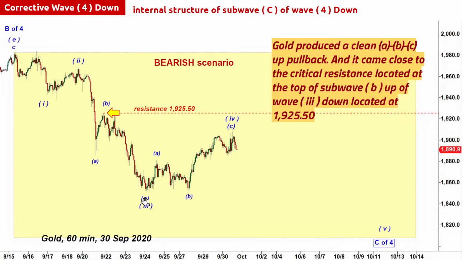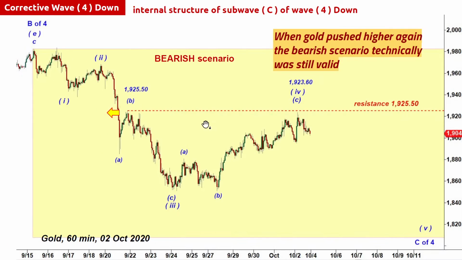It's supposed to be very hard for bears to short it. If it goes up in a clean ABC up and then it stalls and starts to hang high right under the resistance, that becomes your red flag. By October 2nd, 2020, you see it started to look very suspicious. It just did not want to go lower.